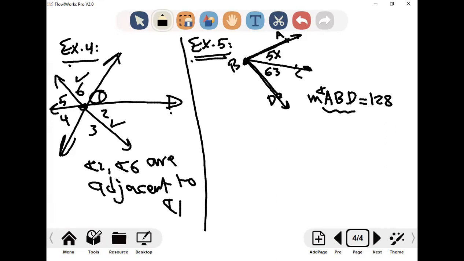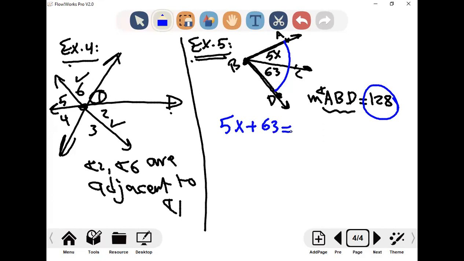The whole angle ABD, all of it, they gave me how much? 128. You understand it? So here, 5x plus 63 should be equal to the whole. What's the whole?